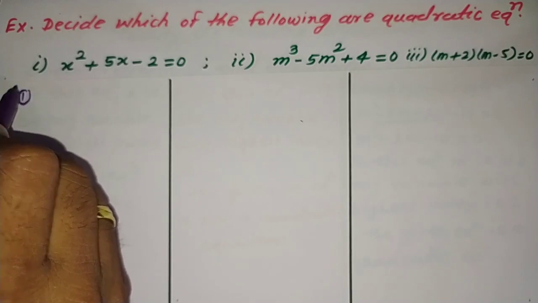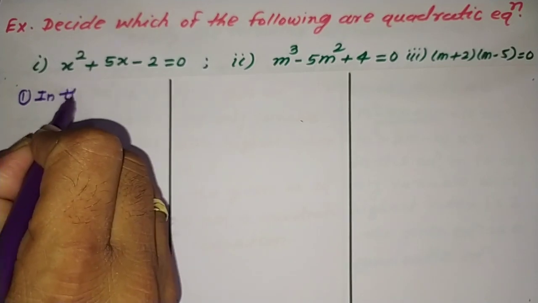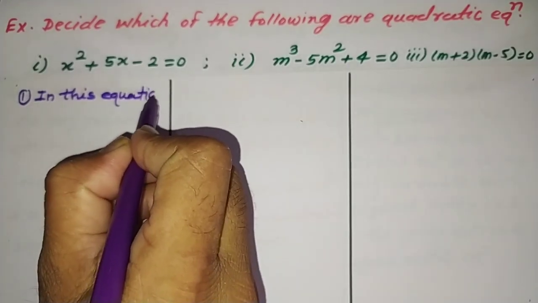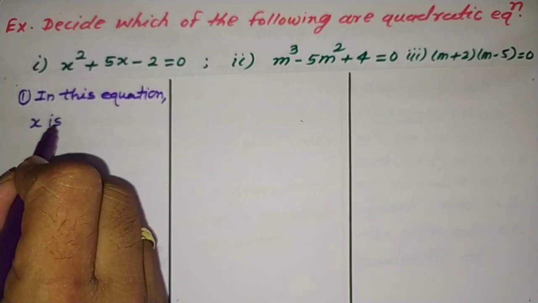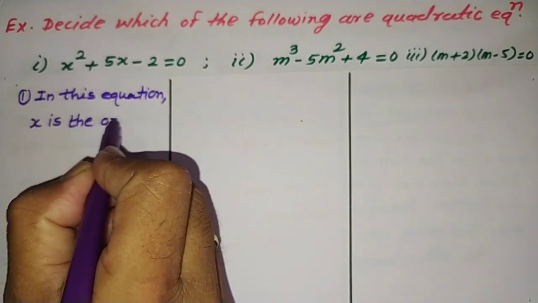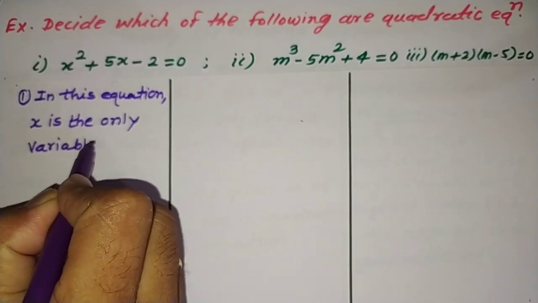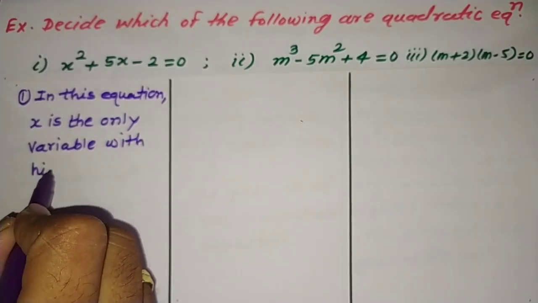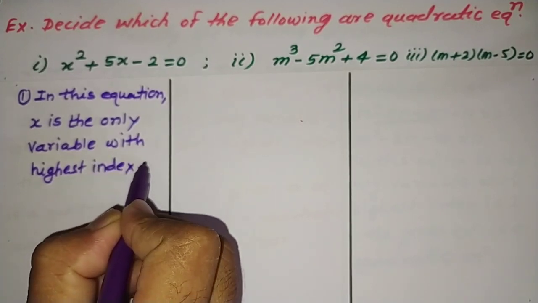In this equation, x is the only variable with highest index 2.